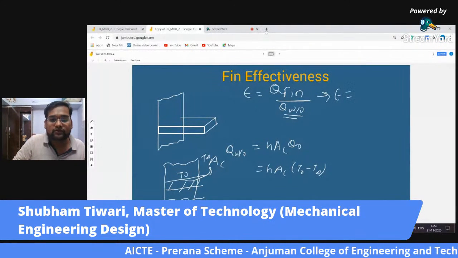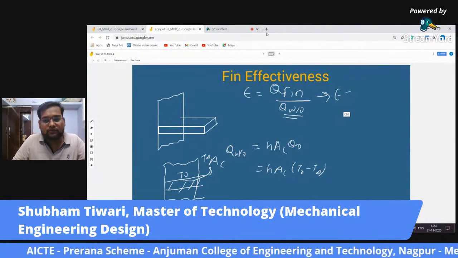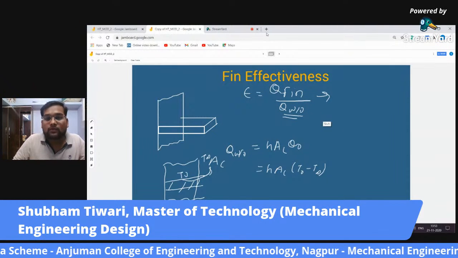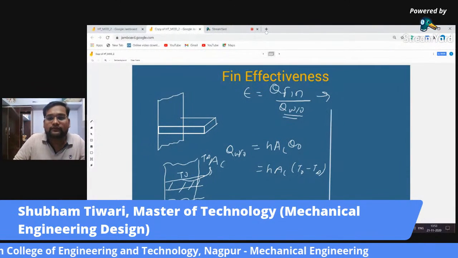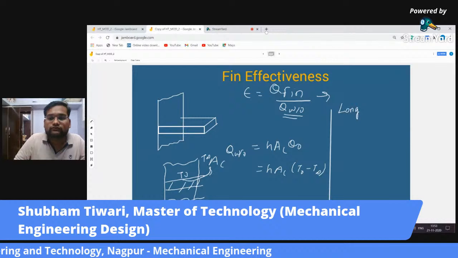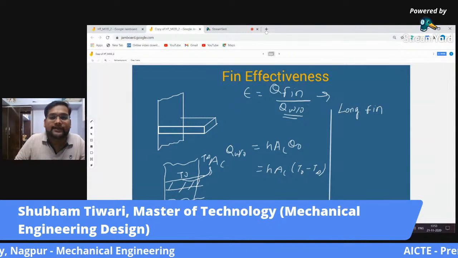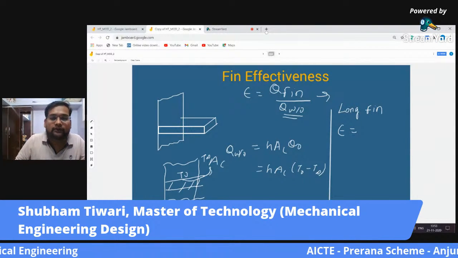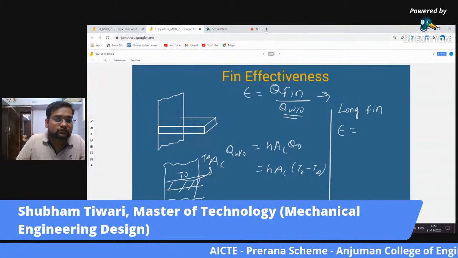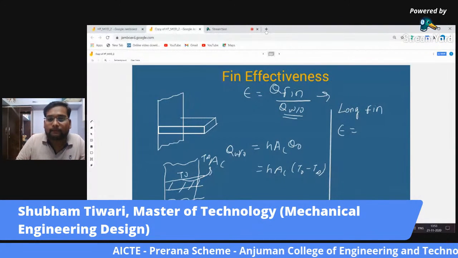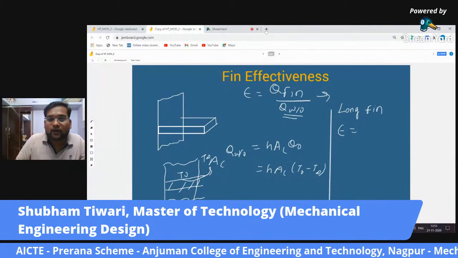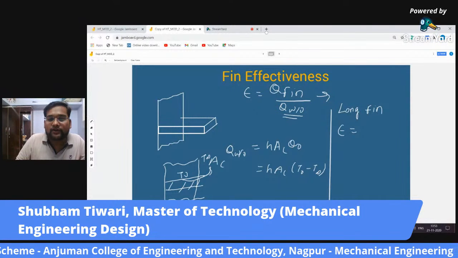So for the long fin, we can say epsilon equals, what is the value of Q fin for the long fin?